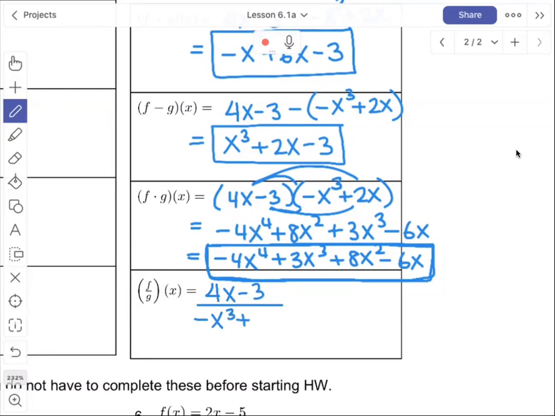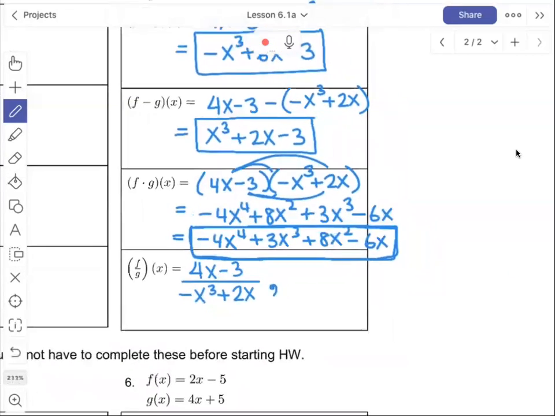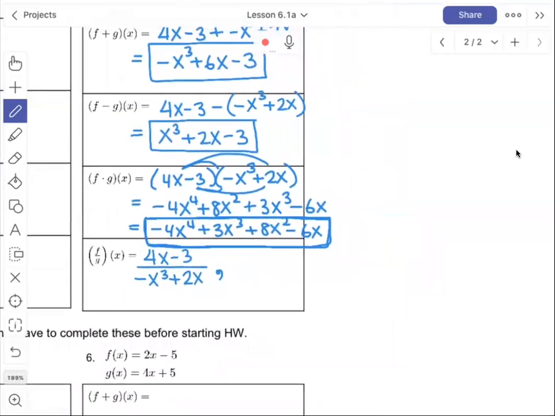Now we have to put in our domain restriction. So what do we need to figure out? Do we have to put one like 0? Good. Specifically what? Is it the 4x minus 3? No, the denominator. Negative x cubed plus 2x. Good. So let's figure out when that's equal to 0.